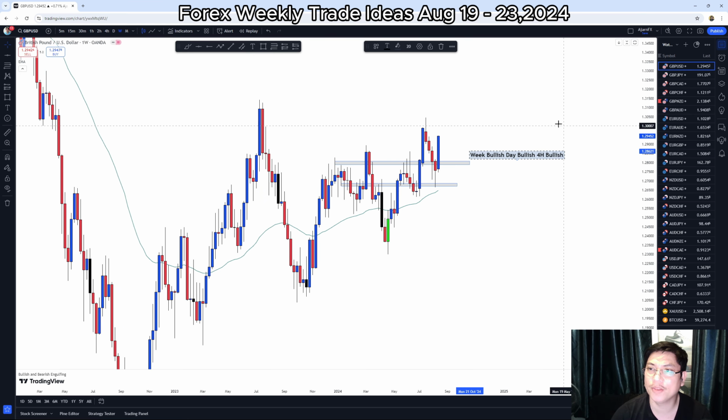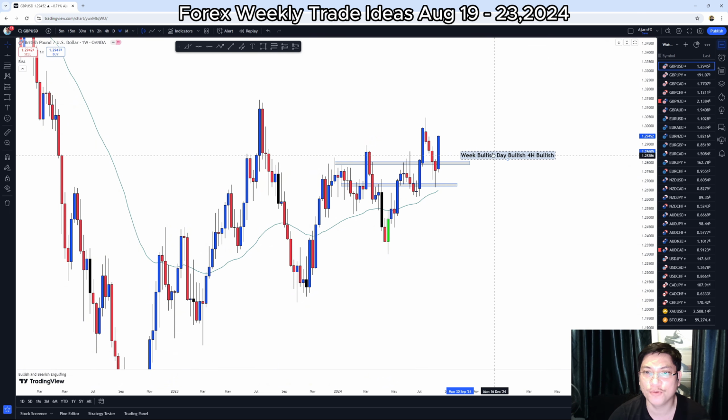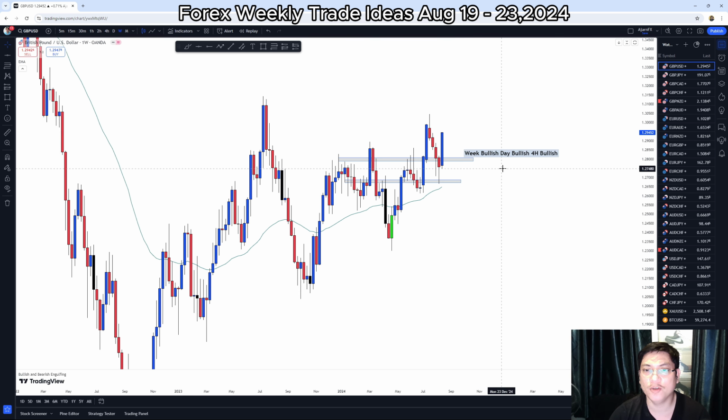Let's start with our GBP USD. I'll share ideas for this week on which trades look good. You will see I'm done looking at my bias from the weekly, daily, and 4-hour time frames.